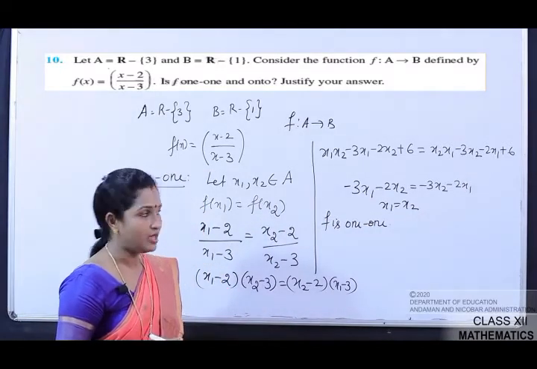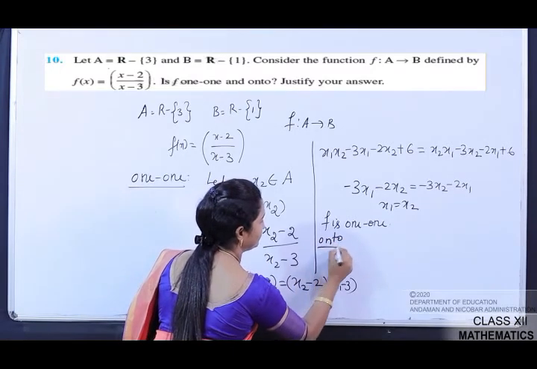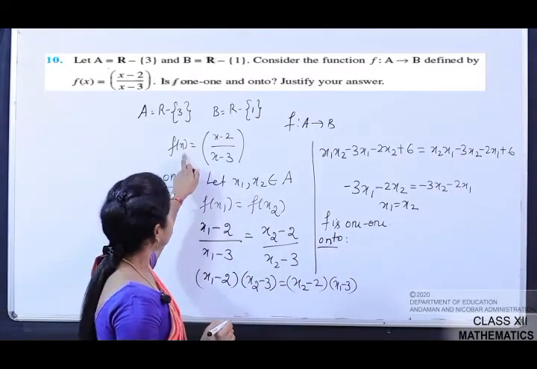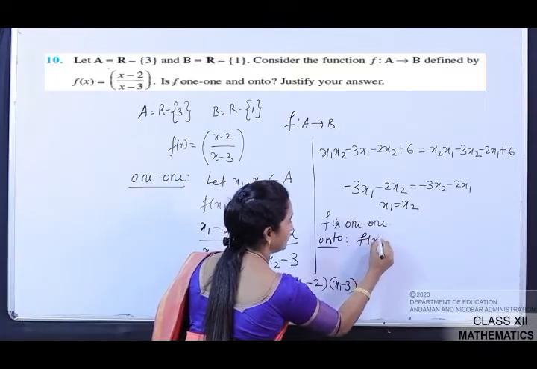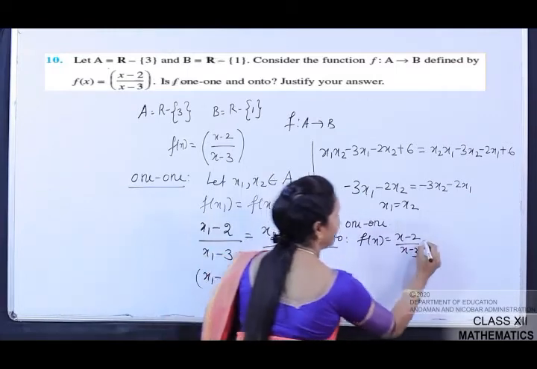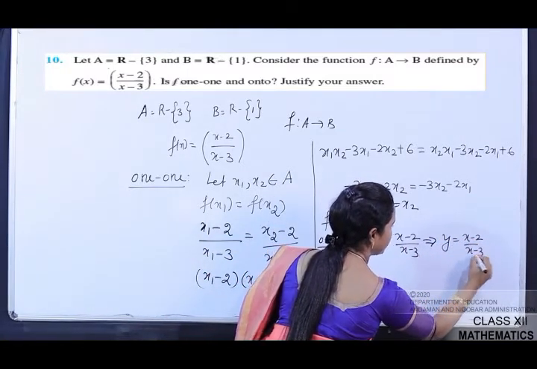Clear, children? Now you have to prove the function is onto. What is the condition of onto? Function f(x) = (x − 2)/(x − 3). That implies y = (x − 2)/(x − 3).